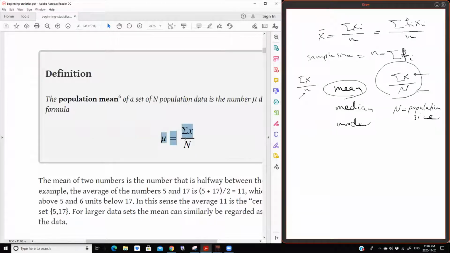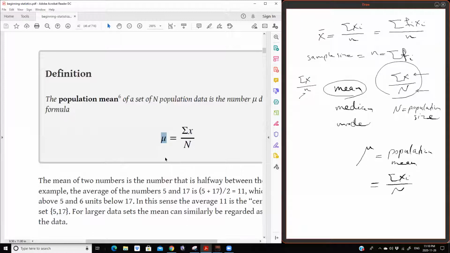This you can only calculate if you have all the information about the population. What do you get? You get the population mean, which we represent by mu. This is how you read this: mu is the population mean, which is sigma xi's divided by uppercase N. In most practical situations you cannot calculate that because you don't have the measurement for all the individuals in your population.